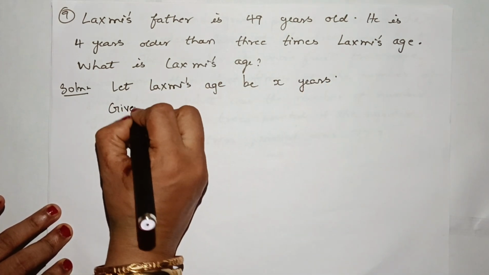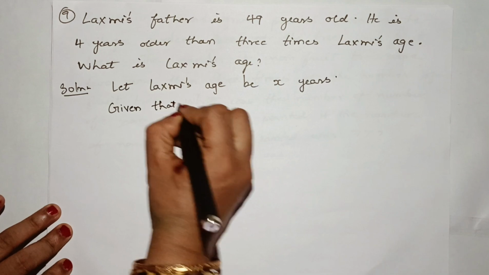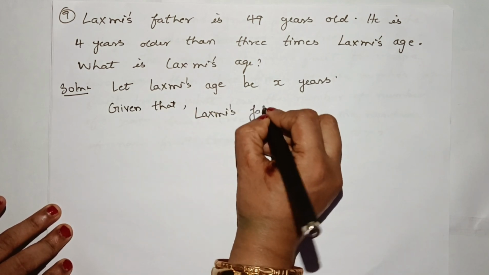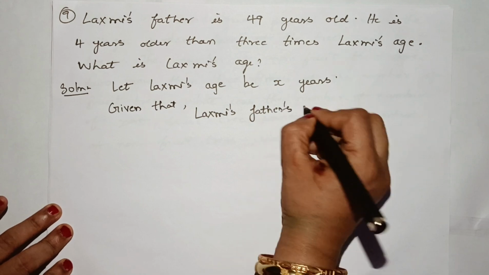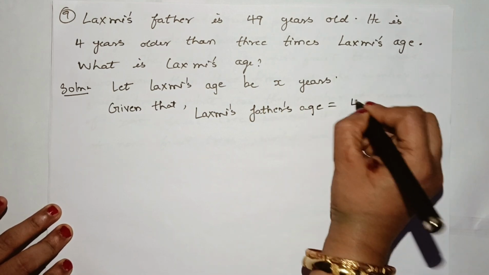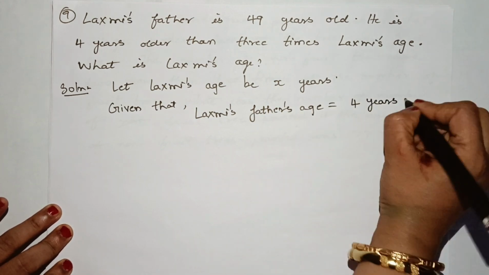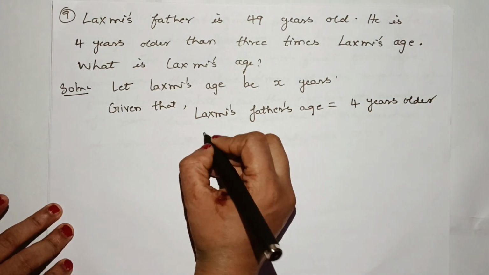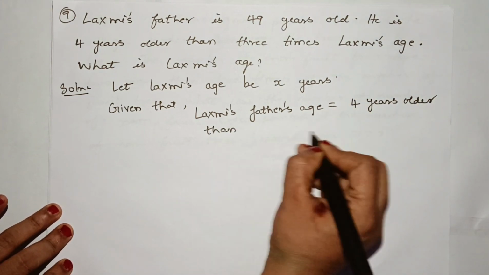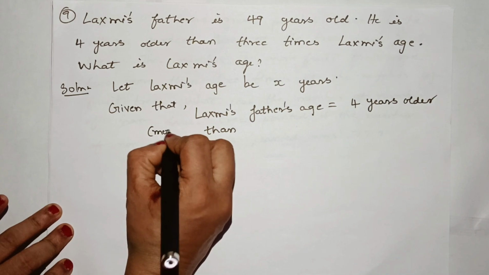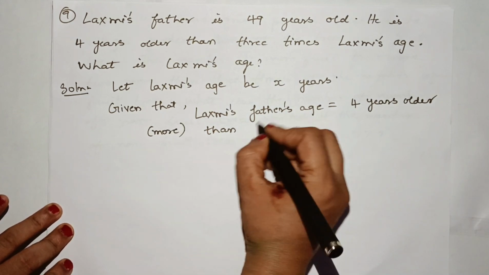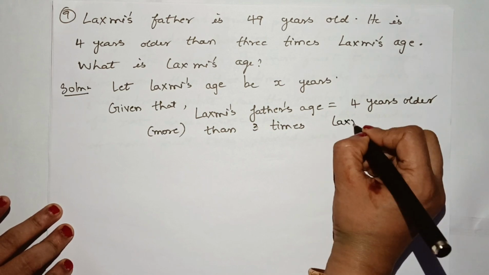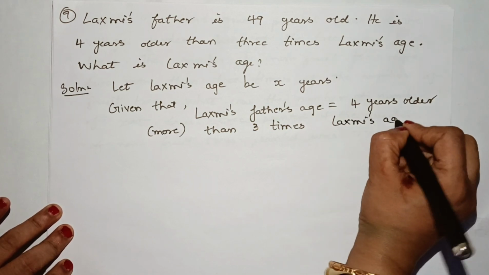Given that Lakshmi's father's age equals 4 years older than 3 times Lakshmi's age.